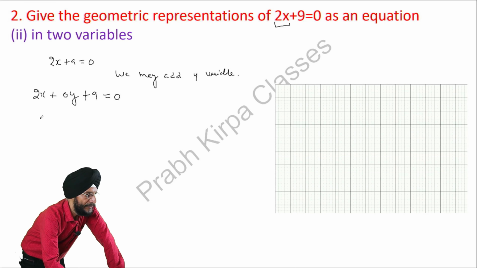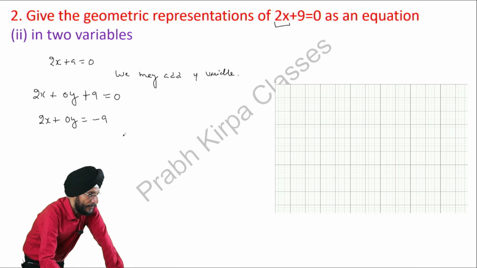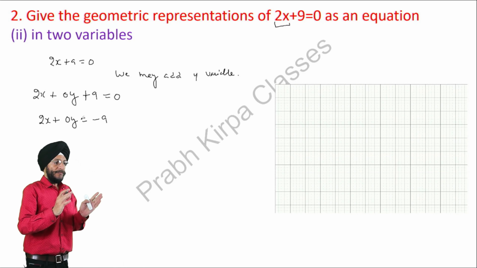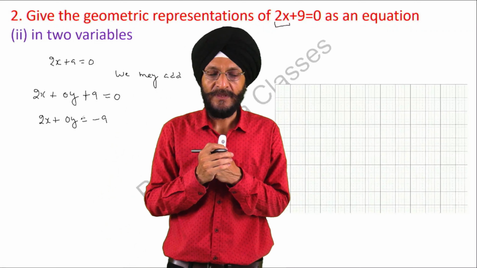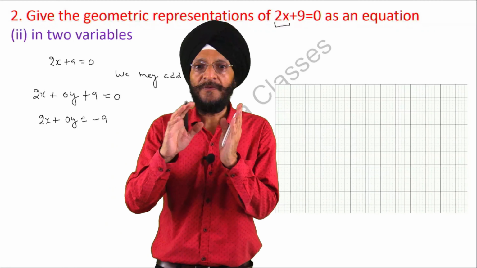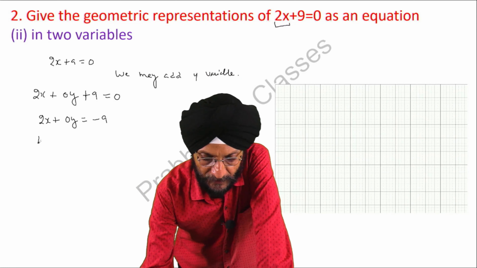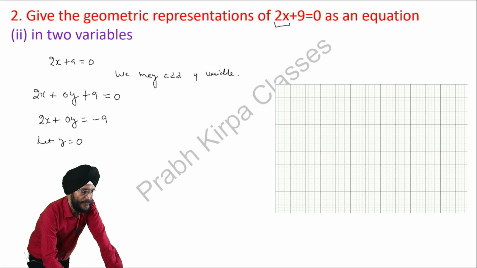In another way, we can write it as 2x plus 0y is equal to minus 9. So now we are to find out two solutions of x and y which fit into the equation. Suppose we let y is equal to 0, then what happens?